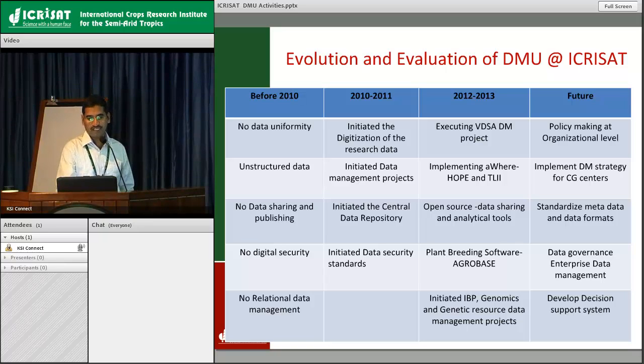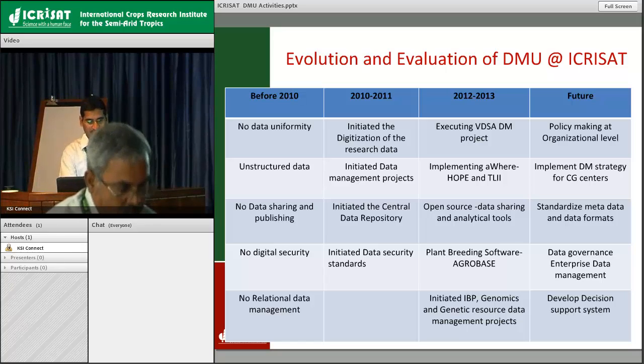After 2010, we initiated the digitization of the research data. From hard copies, we converted to Excel sheets, and from Excel sheets we made a transformation so that everything is in a central repository. We initiated a few data management projects and started the central data repository, where different data management platforms like VDSA and breeding data management are all in one place now.